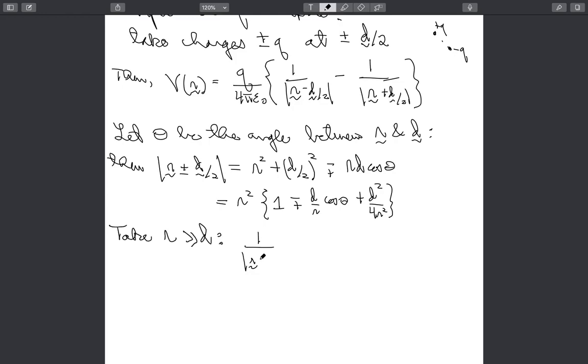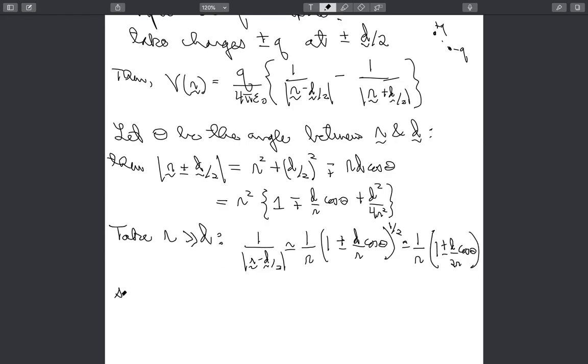If I look at r minus d over 2, this is like 1 over r with 1 plus or minus d over r cos theta, because I'm in the denominator, and then to the 1/2, and this is like 1 over r times 1 plus or minus d over 2r cos theta.